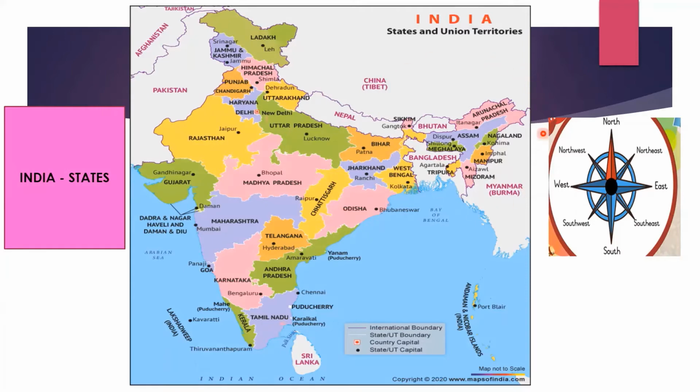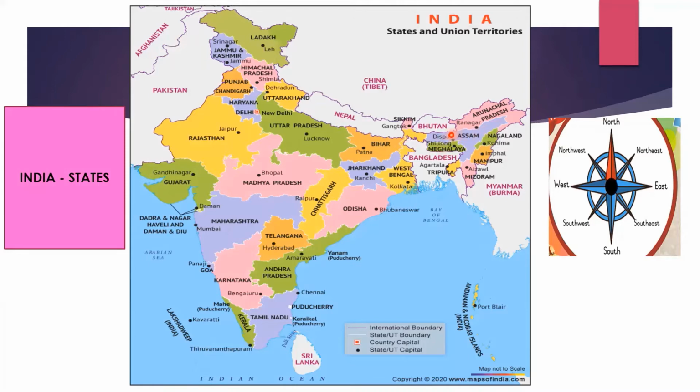Here you have to remember that Assam is in the middle. So we will start from here: Sikkim, Arunachal Pradesh, Nagaland, Manipur, Mizoram, Tripura, Meghalaya, Assam.